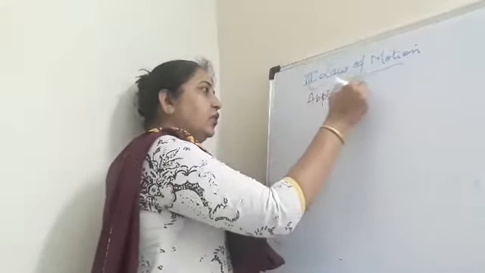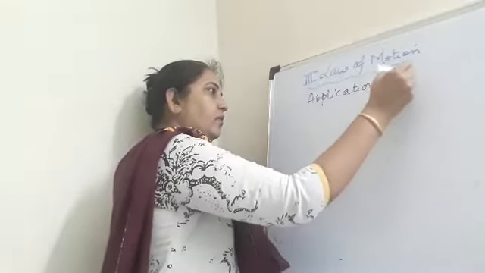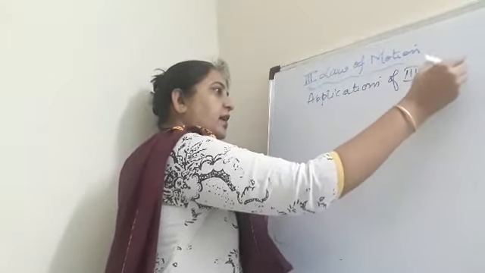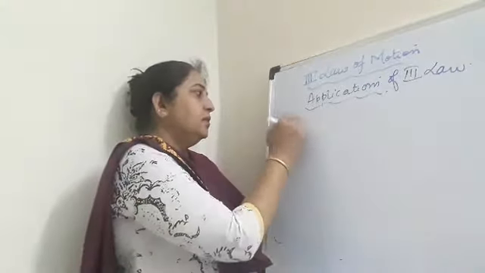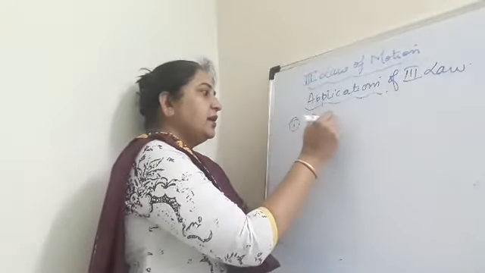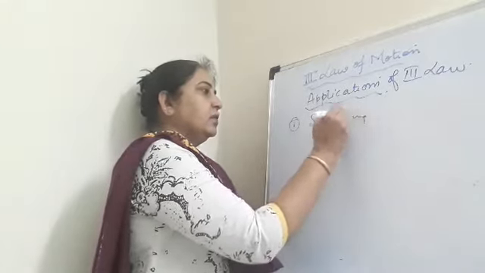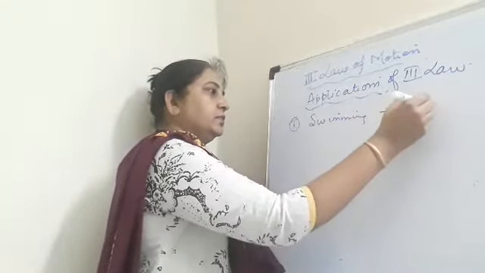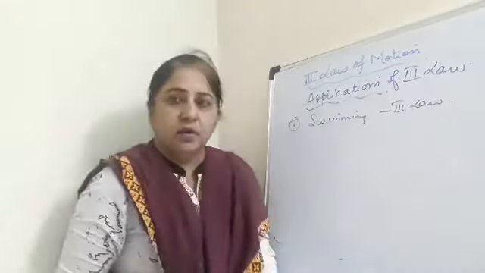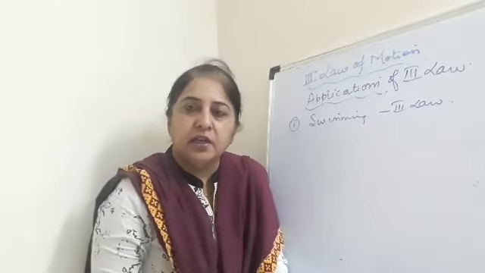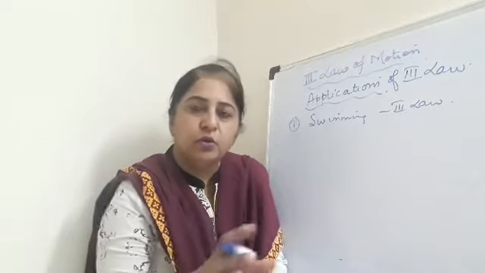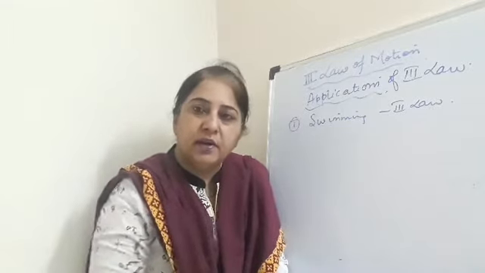Applications of the third law. And applications, I always tell you, are related to real life examples. Number one, swimming can be explained with the help of the third law. Why and how? When a person swims, he or she applies force on water in the backward direction.